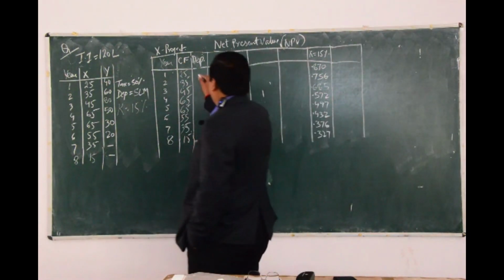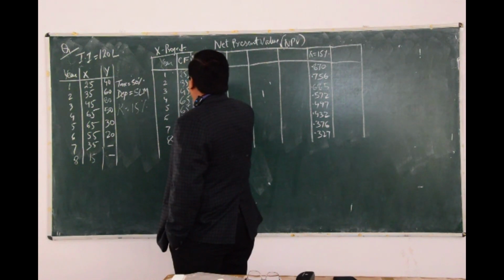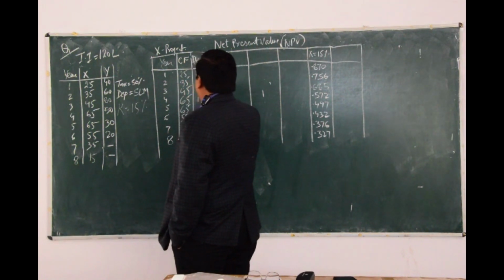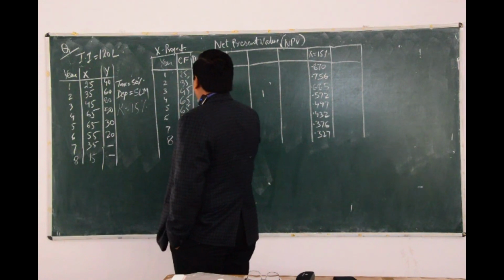So 15 is the amount of depreciation on the basis of straight line that we are supposed to charge on a yearly basis.